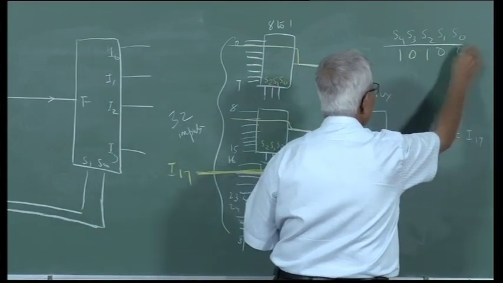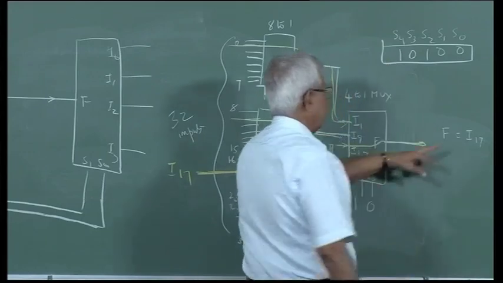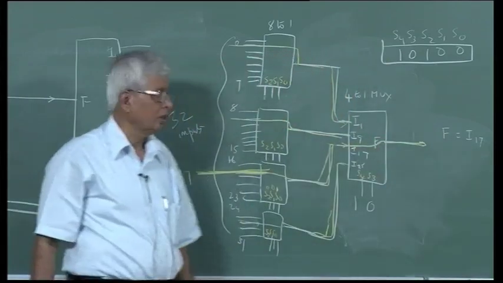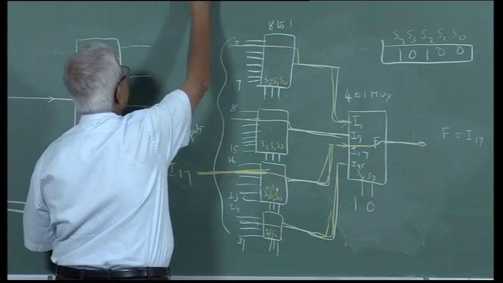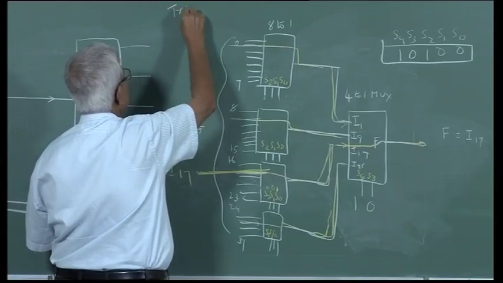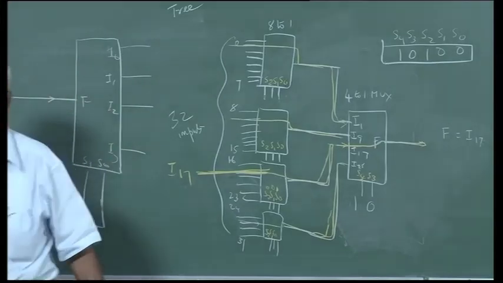So this is my selector combination so that I17 gets through. Such a thing is called a multiplexer tree.